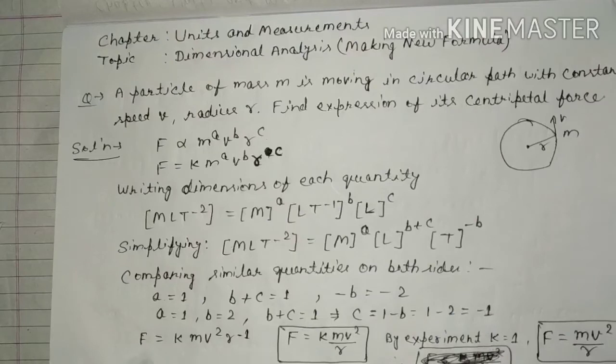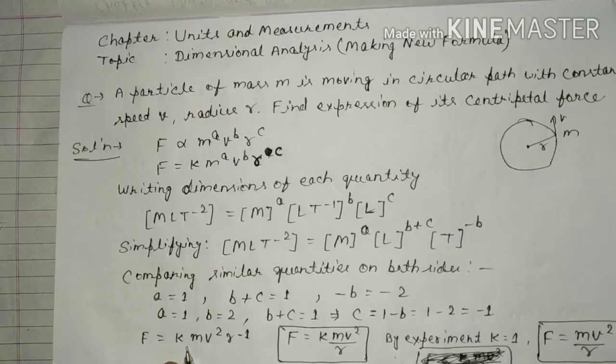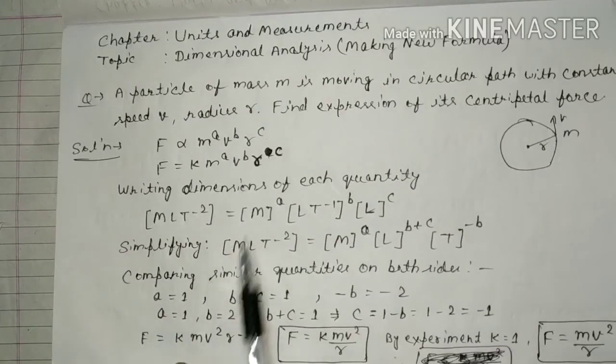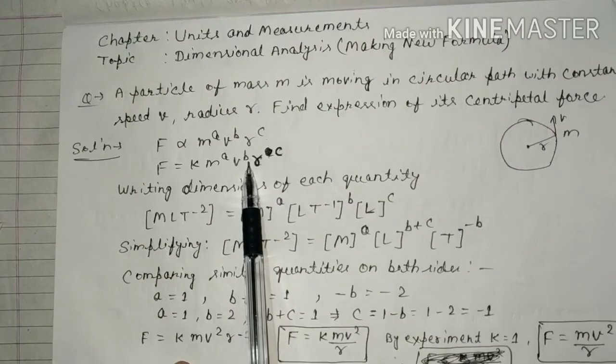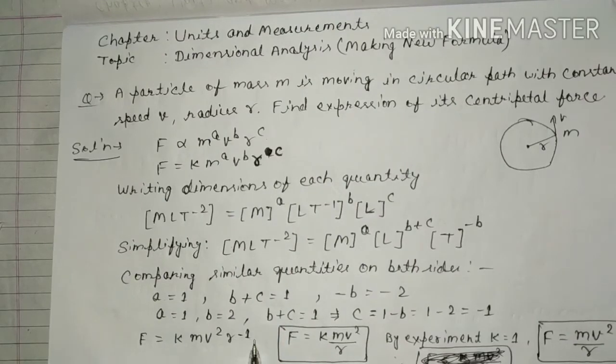We got the value of a, the value of b and the value of c. Now we can write the formula: F equal to k m to the power a, and a is 1, so m; v to the power b, b is 2, so v squared; r to the power c, and c is minus 1, so r to the power minus 1.